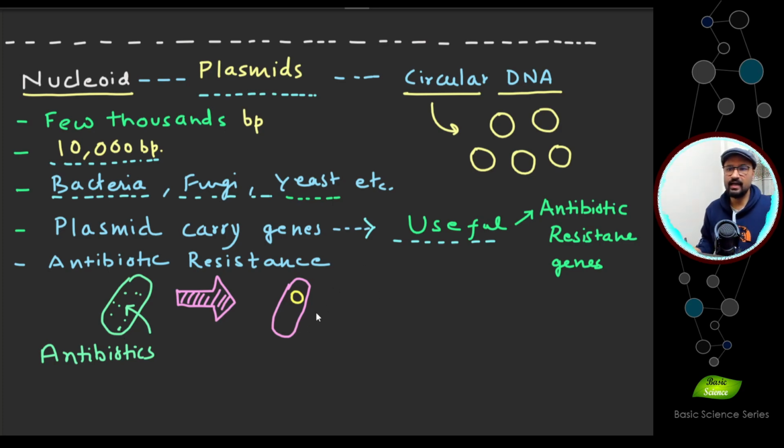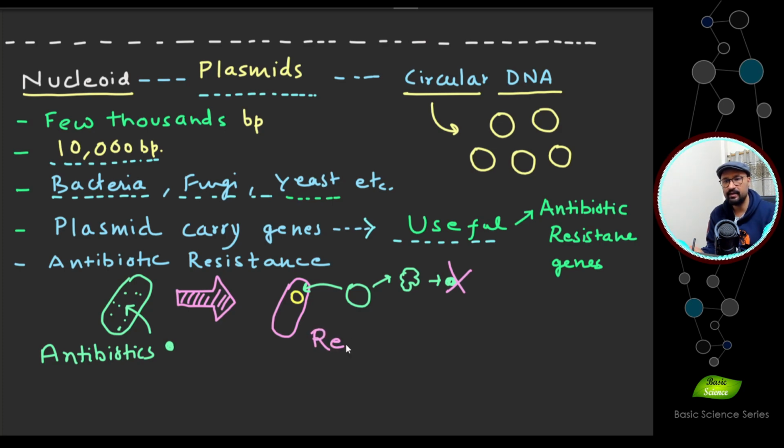If the bacteria acquire a resistant plasmid, a plasmid that can produce an enzyme that can degrade the typical antibiotic, what will happen? It will acquire that trait, and the bacteria will become resistant. Resistant means the antibiotic is no longer effective. That can happen with various other mechanisms also, but one of the important mechanisms is acquisition of plasmids that contain the gene that can neutralize the antibiotics.